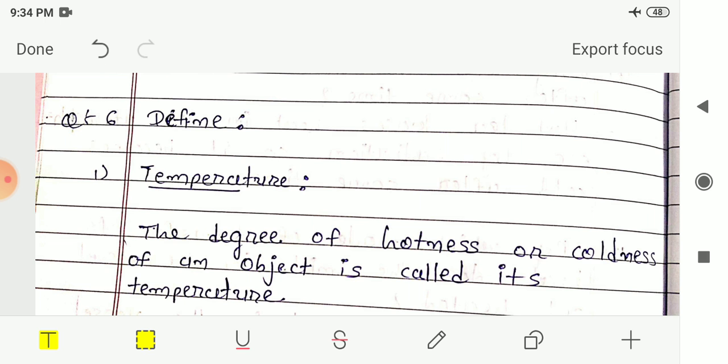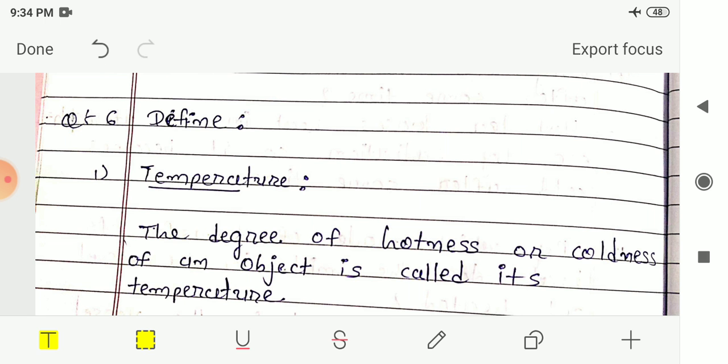Then we had seen conductors and insulators of heat. So the substances through which conduction of heat takes place easily are called good conductors of heat. Examples of this kind of substance are metals like copper, silver, aluminium, iron, etc. And the materials which do not allow heat to pass through them easily are called poor conductors of heat or insulators.